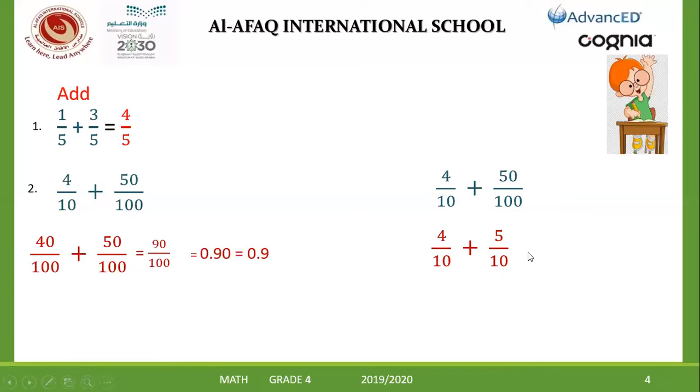If we have the same denominator, you have the trick for adding fractions: keep it the same, and we just add the numerators together. 4 plus 5 will be 9. Also, if we have a fraction with denominator of 10, we can write it in decimal form. So here it will be 0.9, the same answer as on the left side.